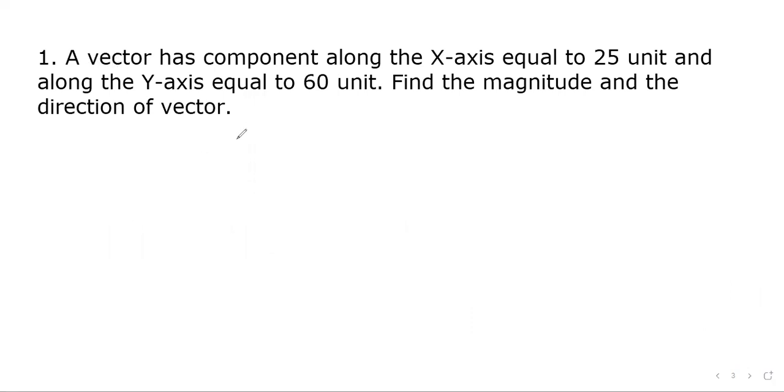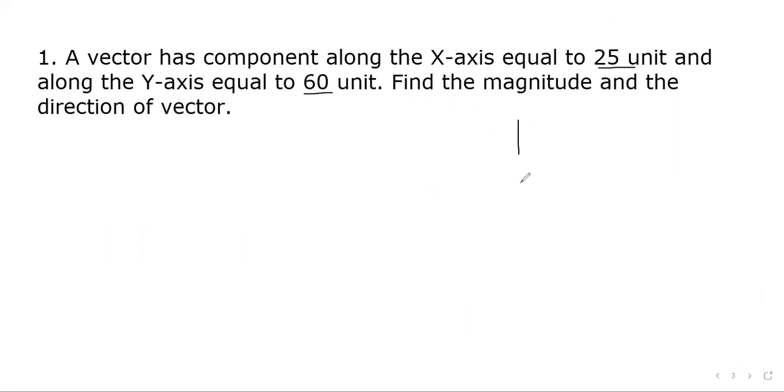A vector has components along x-axis equal to 25 and along y-axis as 60 units. Now we have to find out the magnitude and direction of the vector.